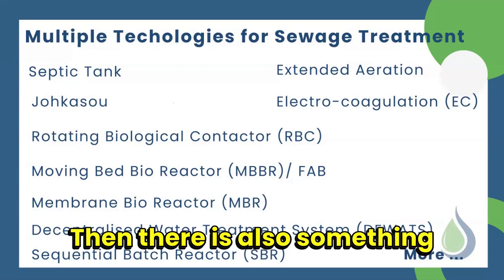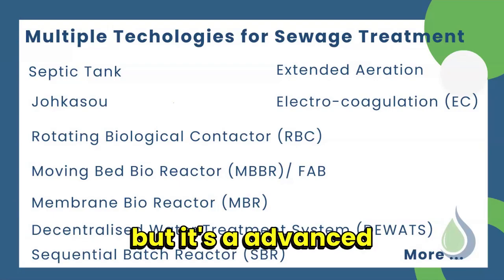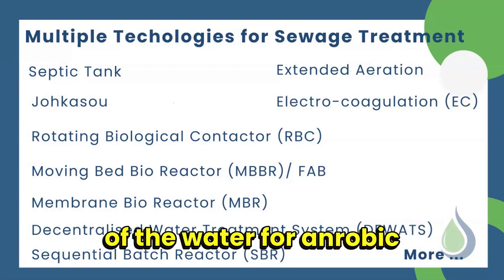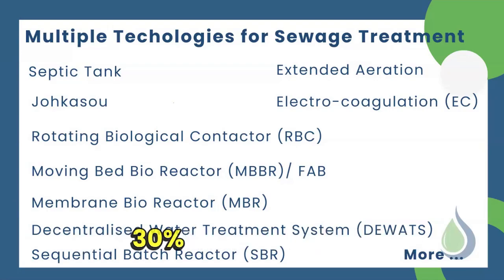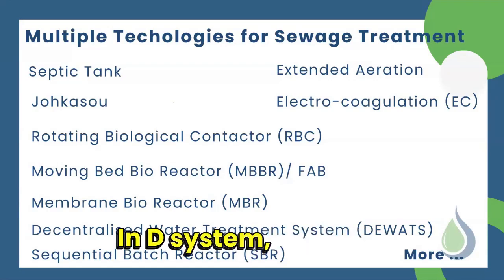Then there is also something called a decentralized water treatment system, DEWATS. DEWATS is again something similar to a septic tank, but it's an advanced version of the septic tank. In a DEWAT system, the first part is 70% septic tank, the anaerobic process, and the remaining 30% uses external aeration like MBBR in other systems.